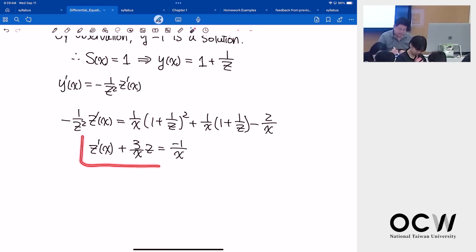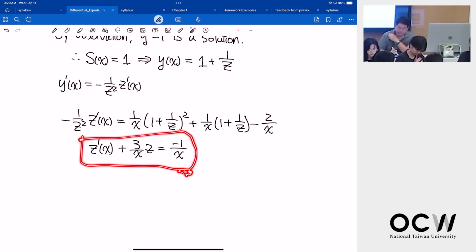This is another differential equation, right? Since it is a differential equation, you always have to ask yourself, is that separable? Is that linear? Is it exact? Because if this equation satisfies one of these three types, then you know how to find a solution.